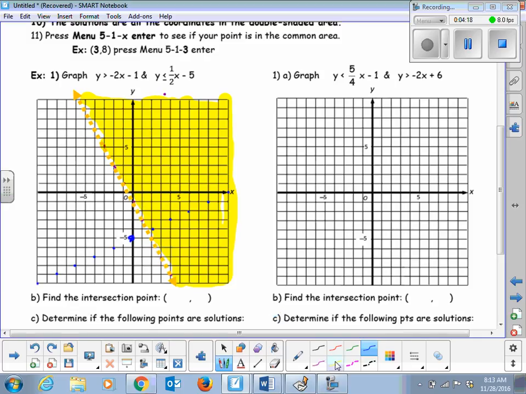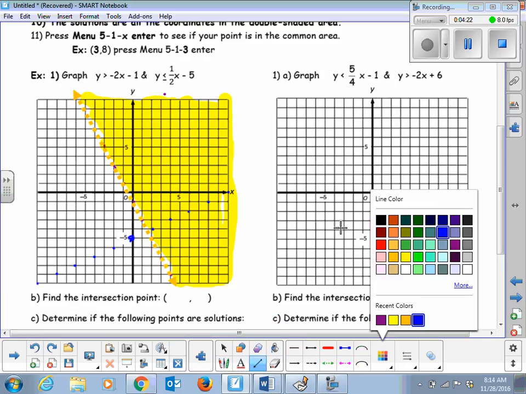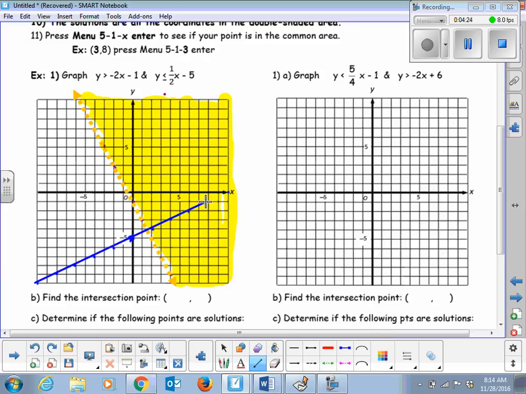Okay, remember this was a solid line, so I'm going to keep it solid. Okay, and now we're going to shade below. Okay, so all of this edge to edge needs to be shaded.